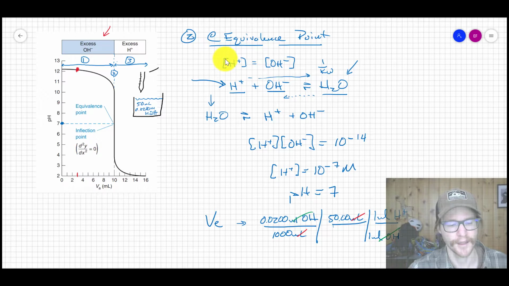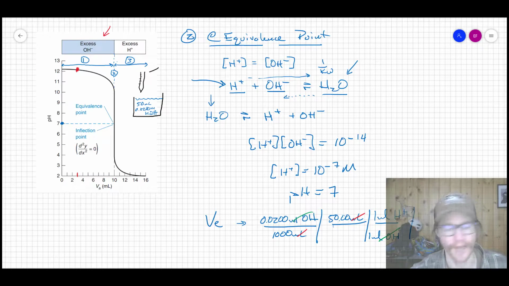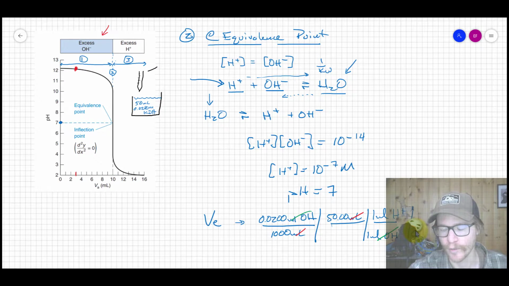That gives us moles of protons, and then the last step would be to divide this by the total volume of the system at that point, using the concentration of our titrant, which was 0.1 molar. So we have 0.100 moles of H plus per 1,000 mLs. So that crosses out there, and then we compute this to give us a VE of 10.00 mLs in this case. That's sort of the brute force way.